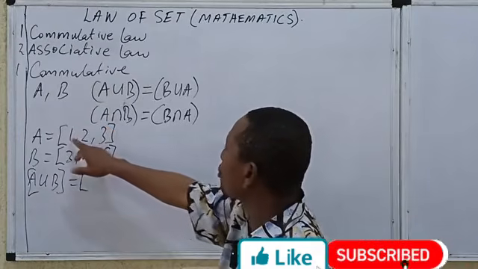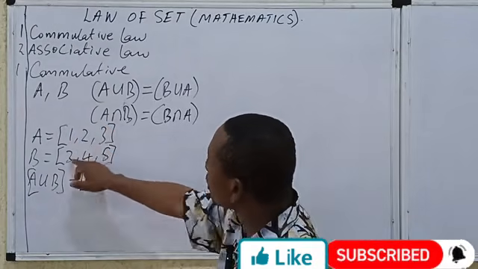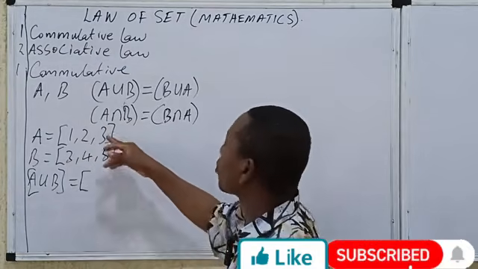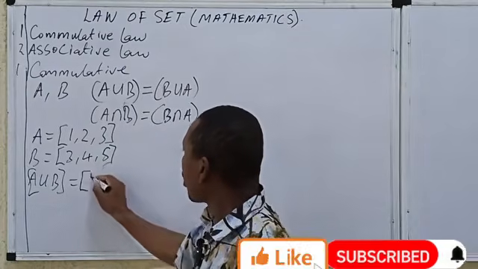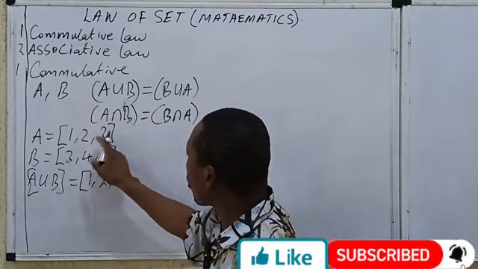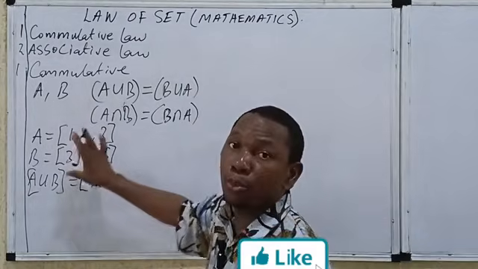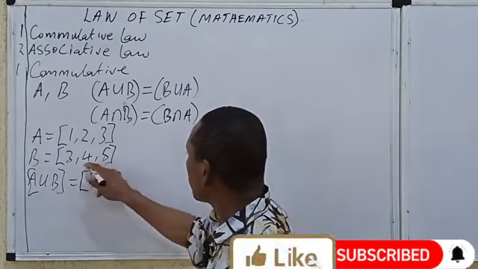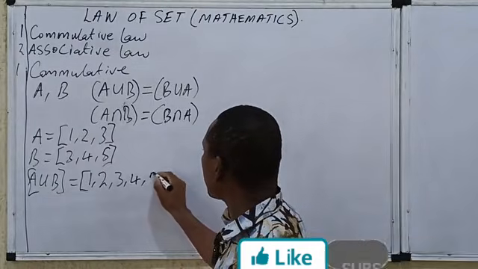You pick 1, pick 2. 3 is actually in both sets, occurring 2 times, but you pick only 1. So I'll pick 1 here. I'll pick 2. 3 is occurring in set A and set B, but you don't need to put both. Just pick 1. So I'll pick 3, pick 4, I'll pick 5.